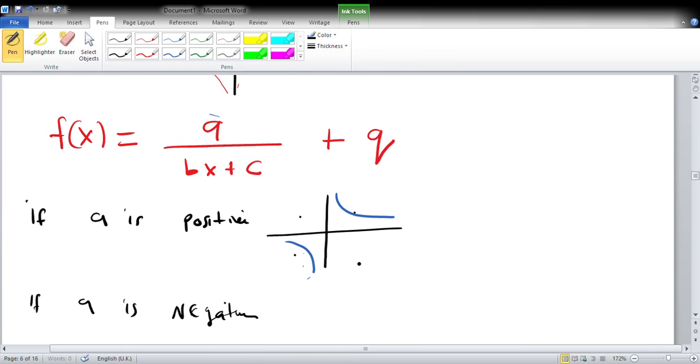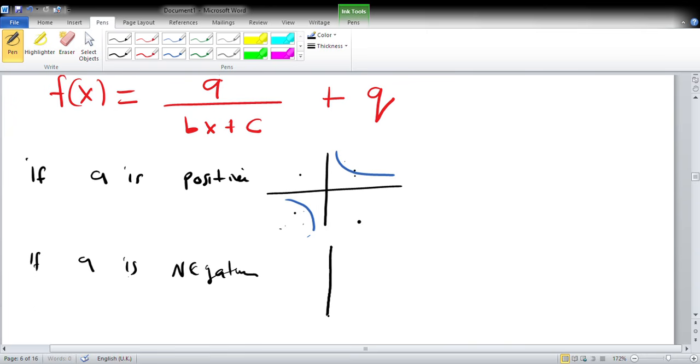If a is negative, the two hyperbolic curves will face the opposite of the first and third quadrants, turning in the opposite directions. That's the first trick you have to understand. So if a is positive, your hyperbolic curve should look like this. If a is negative, it should look like that.